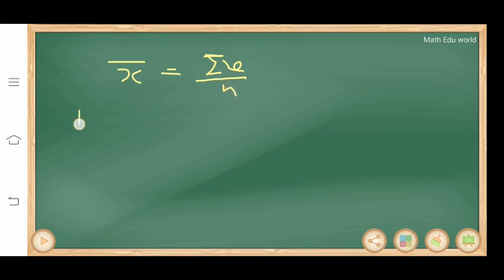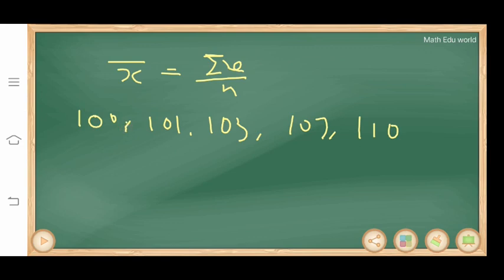But when the data is like, suppose, 100, 101, 103, 107, 110, then addition of this data and making the formula possible as sigma x by n takes a little more time than the usual time. So to make our work more convenient and easier, we code this data into a smaller form.